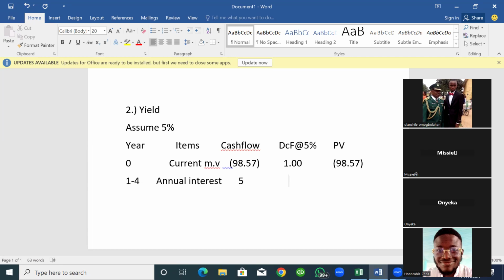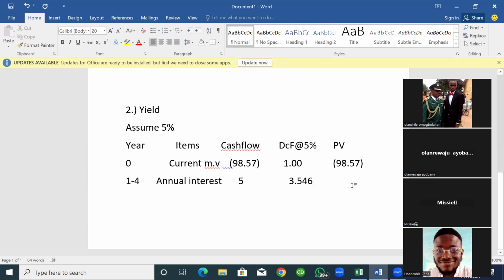Yes, sir. Okay. So this one now, you use our annuity formula, 1 minus 1 plus 0.05 raised to power minus 4, over 0.05. I have the answer is 3.546.